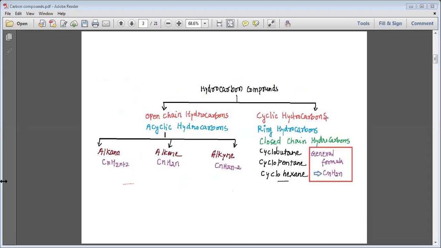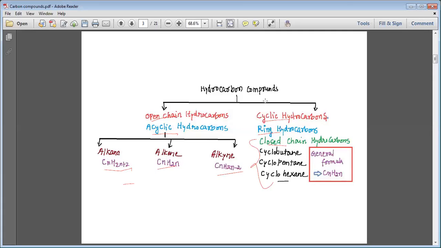The first class is the open chain, and the another class is the closed chain. Or first class, we can say it's an acyclic hydrocarbon, or second class is known as the cyclic hydrocarbon or ring hydrocarbons. And then we have studied about the alkane, alkene and alkyne with the general formula CnH2n plus 2, CnH2n and CnH2n minus 2.